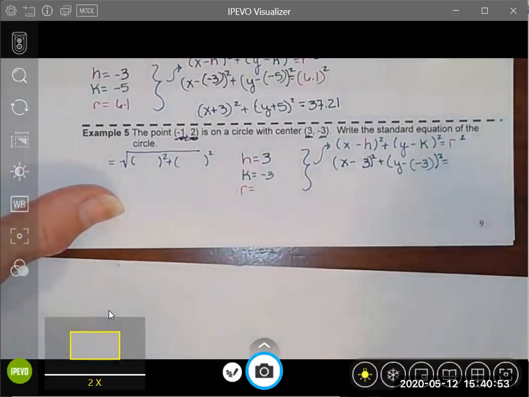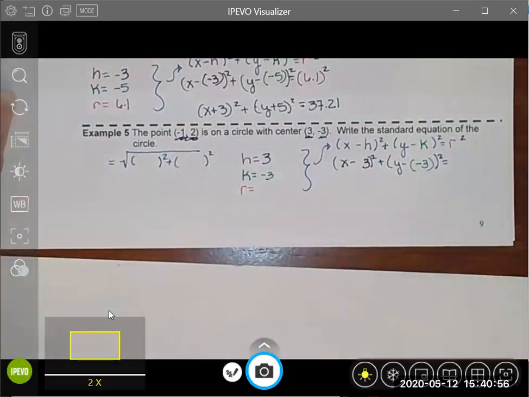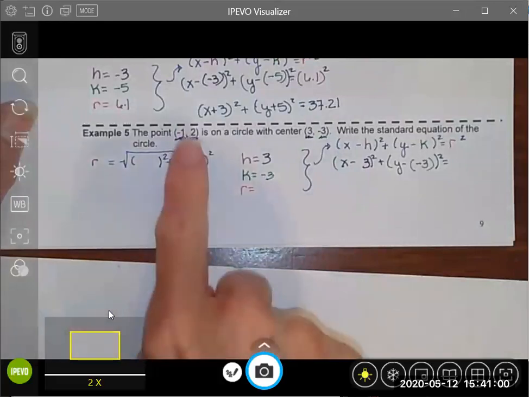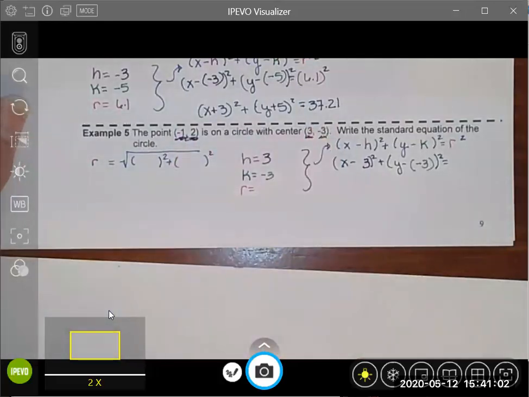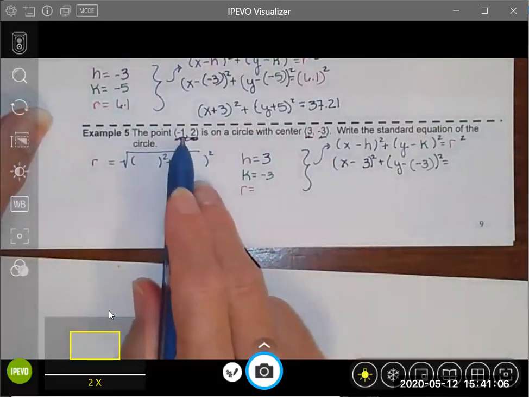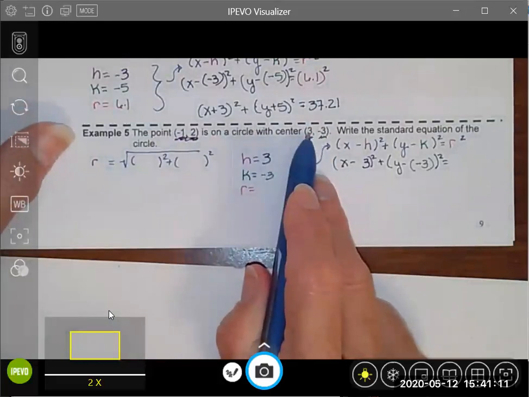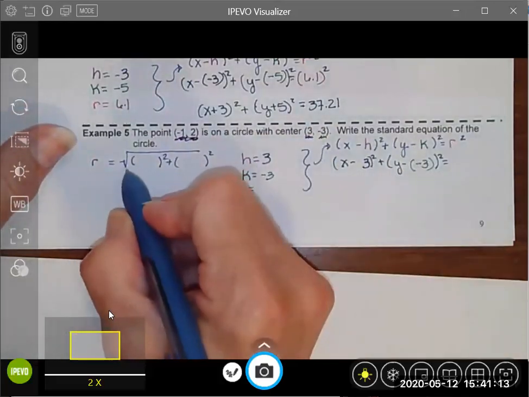But I'm stuck. I do not know the radius. So to find the radius in this particular example, I'm going to have to substitute into the distance formula my 2 ordered pairs. And it does not matter whether I use the point as the initial x or if I use the center. It makes no difference whatsoever.